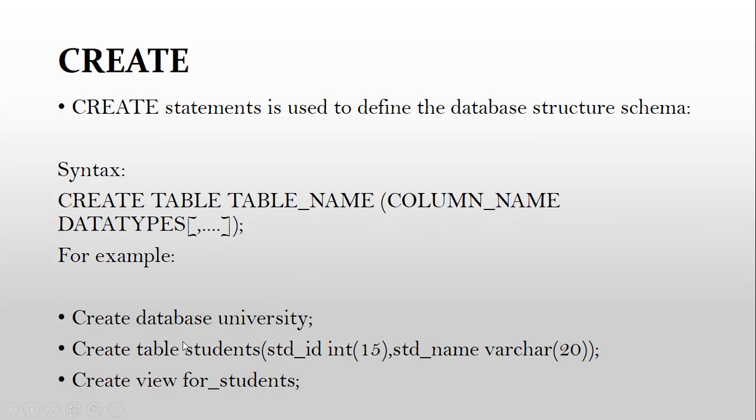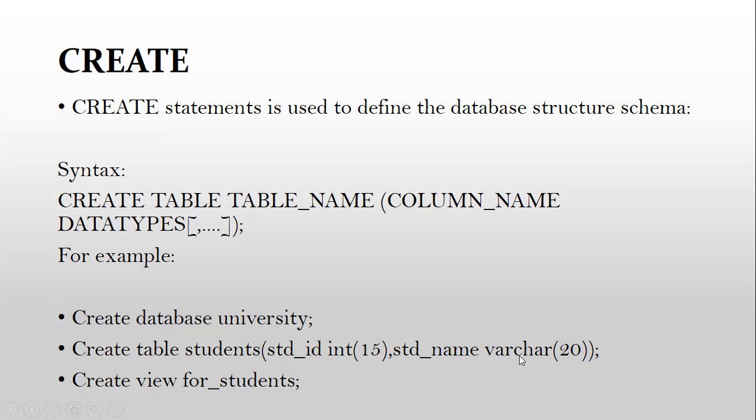For example, you want to create the table for students. So create table students where std underscore id, this is the name of the column, int, that is integer, with size 15. So this is nothing but the data type. Likewise, we have to provide the list of all the attributes. So student name varchar.